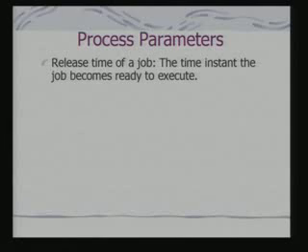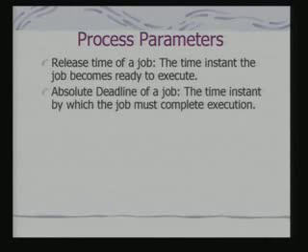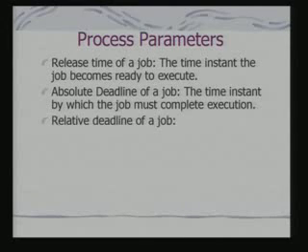So what will be the process parameters if this is the kind of scenario? First, what we call the release time of a job: the time instant the job becomes ready to execute. Then you have the absolute deadline of a job, the time instant by which the job must complete execution. Then you have what is called the relative deadline of a job.